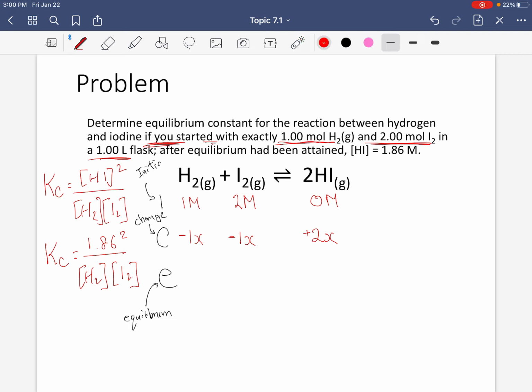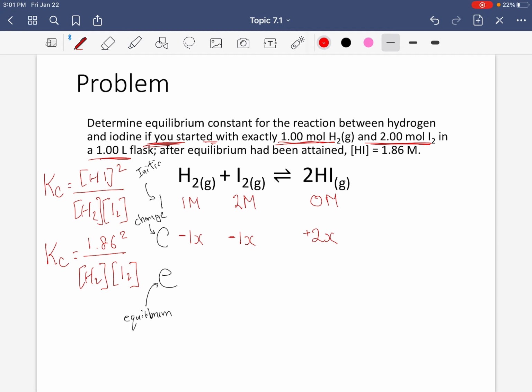So, let's continue. We know initially that it is 1, 2, and 0. In terms of change, negative x for H2, negative x for I2, and plus 2x for HI. Because when the reaction proceeds, every time it proceeds you lose 1 mole of this, 1 mole of this, and gain 2 moles of that. But we don't know for sure how many. So at equilibrium, you're just writing this out.